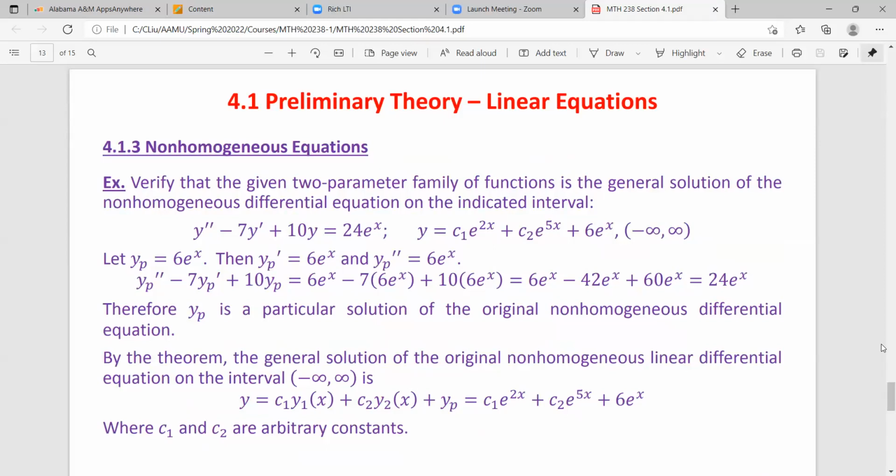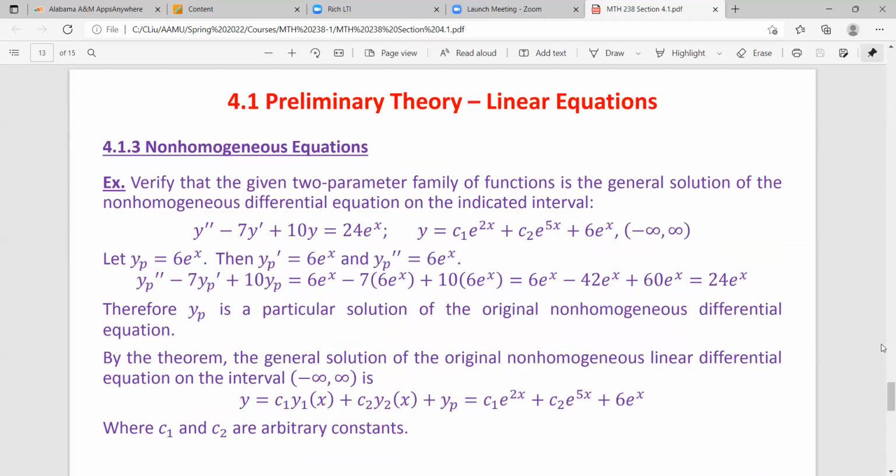What do you do? You just need to plug in e to the 2x and e to the 5x for y into the equation and make sure the left-hand side gets 0.